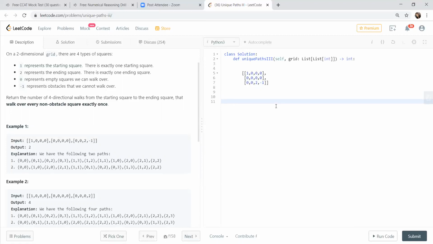Is there a possibility that we can traverse the same path again? Let's say in this example we start with 1, and while doing the DFS we go all the way to the right, down, then all the way to the left, down, and then reach 2. That gives us one path.